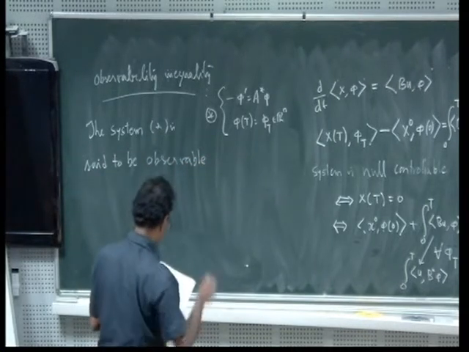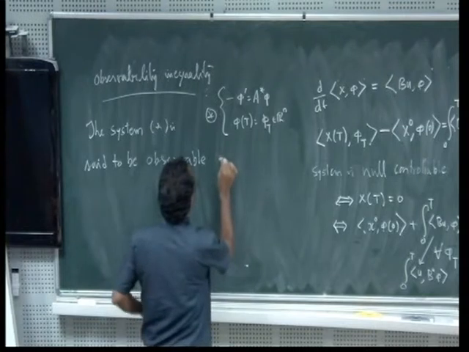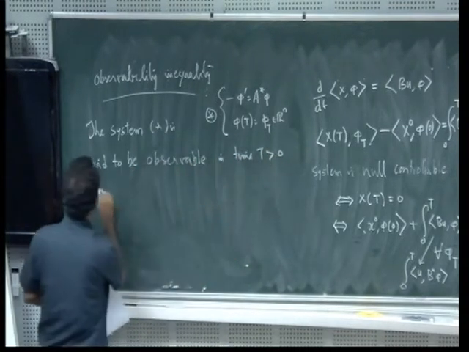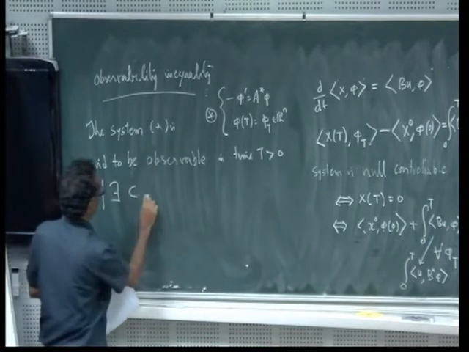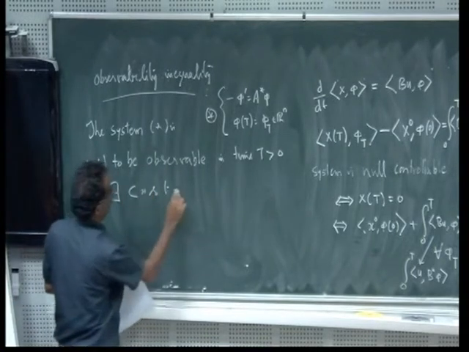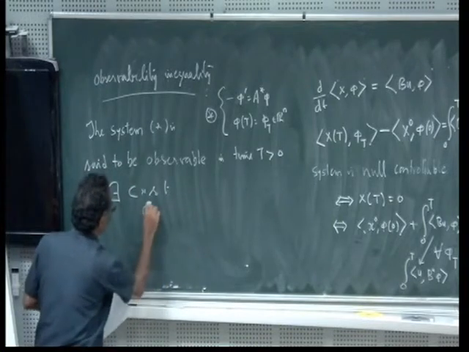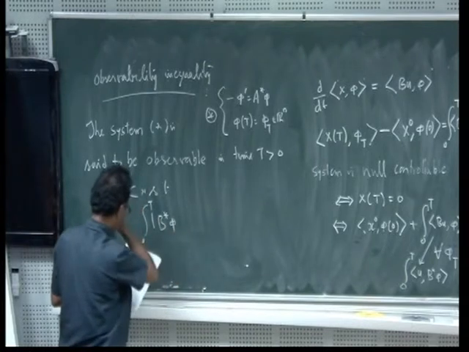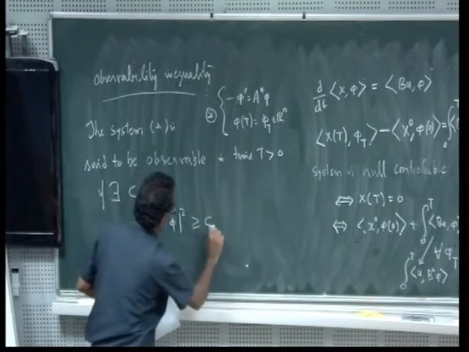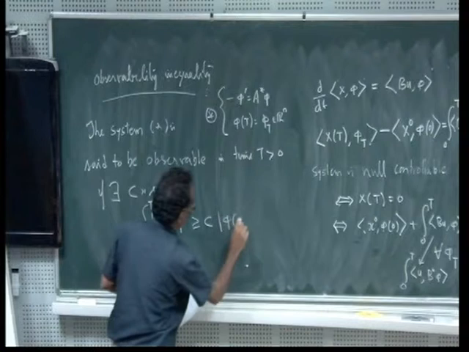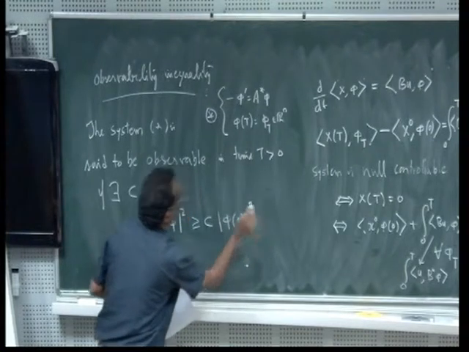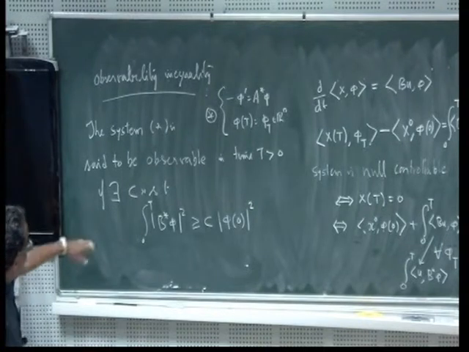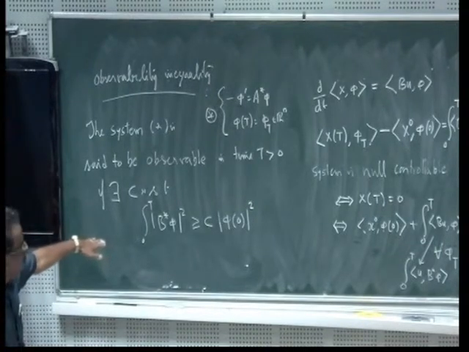Observable in time T positive if there exists C positive such that the integral from 0 to T of modulus of B star of phi squared is greater than or equal to constant times modulus of phi at 0 squared. Okay. So, this is called the observability inequality for this system.